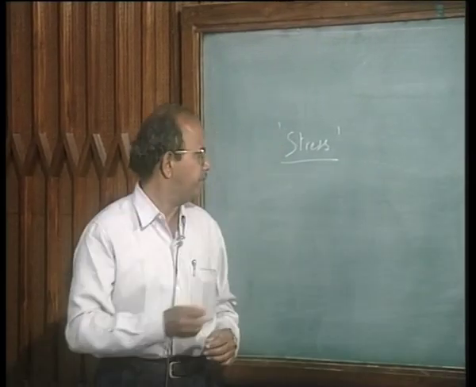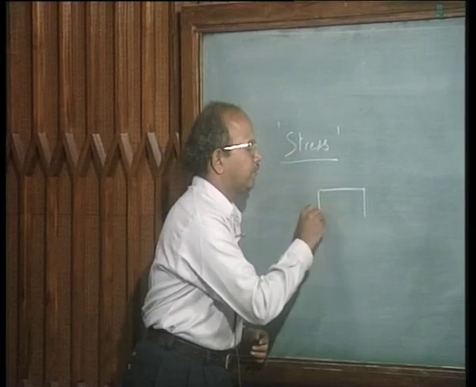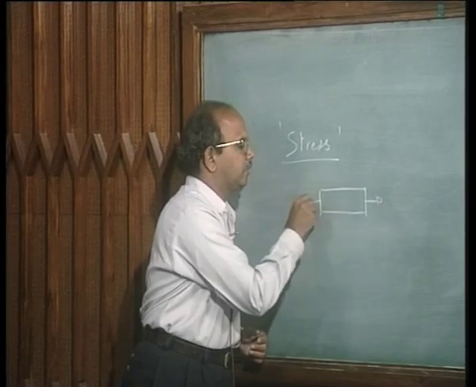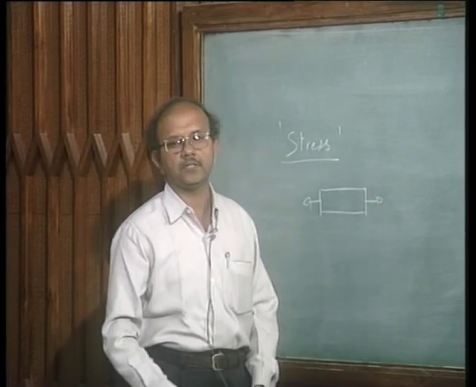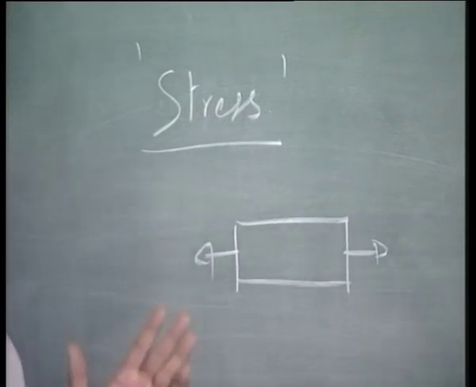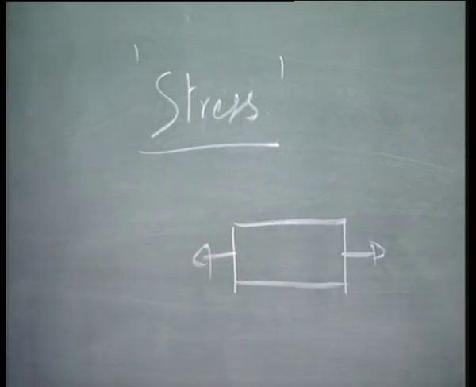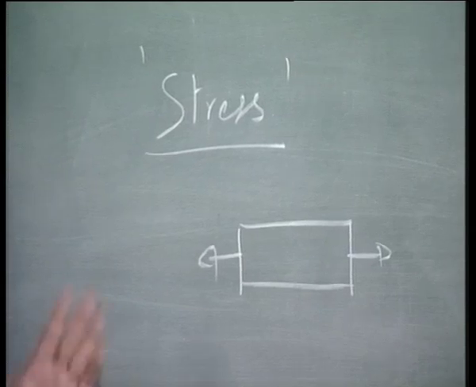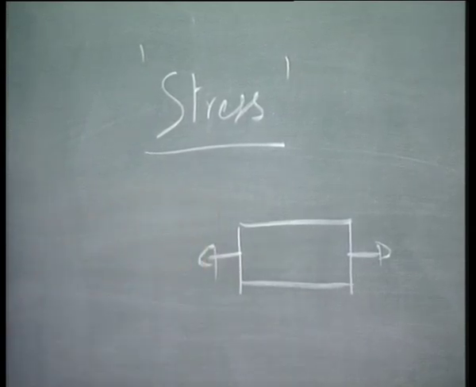It is okay as far as a bar is concerned. If I apply a load like this, then it is quite simple to state that the stress can be defined as force per unit area, or sigma is equal to F by A.